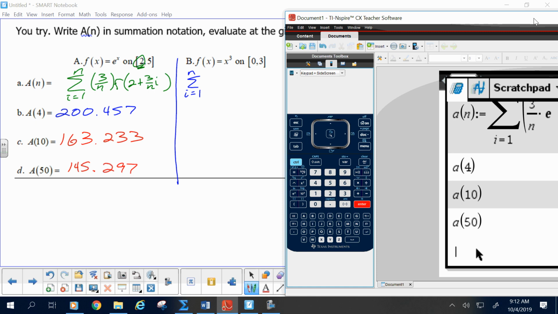What's your delta x on the second one? 3 over n again. Sorry, I should have varied it a little bit.